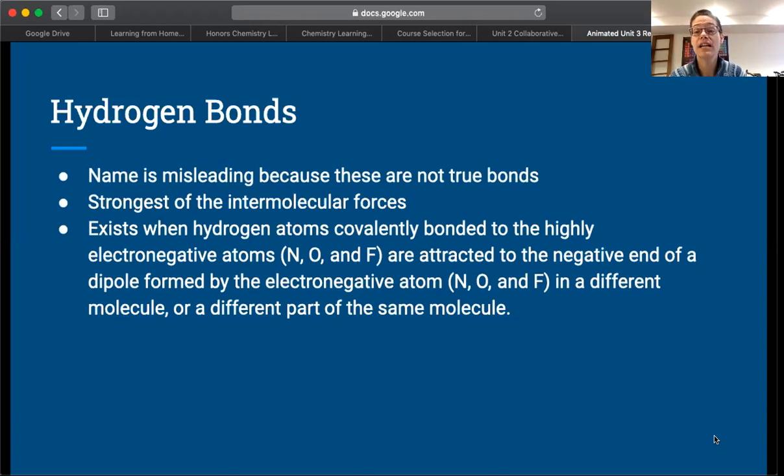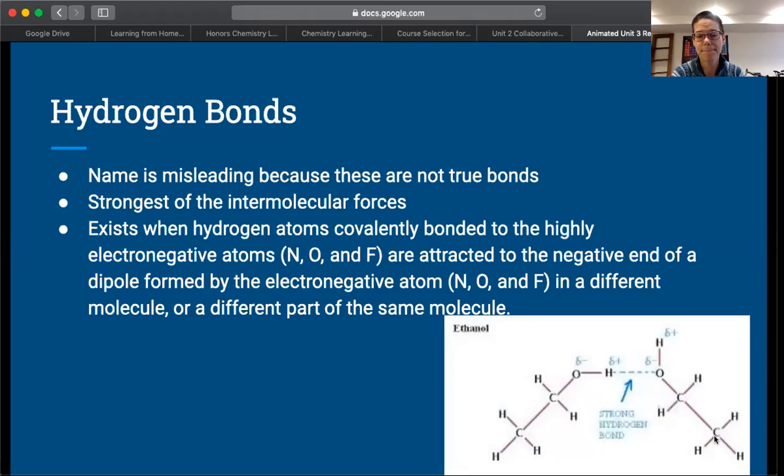And therefore, it is such a great difference between the two ends of the bond that it allows for a very, very strong dipole bond to be formed with something else that has that exact same setup. So the trick here is you're looking for hydrogen with N, O, and F. That's the only way it's going to be a hydrogen bond.